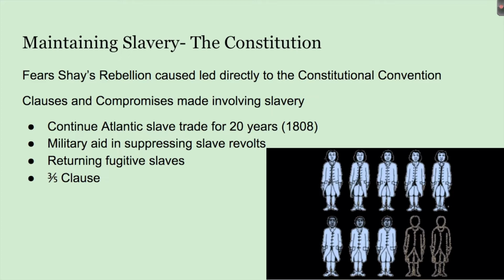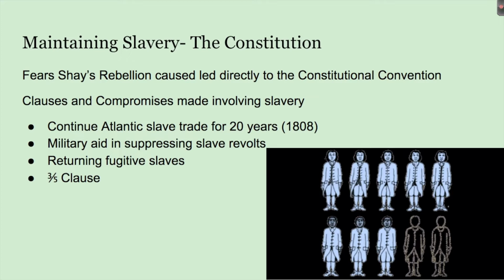The only way slavery is really addressed in the Constitution is having to do with the slave trade, and then referring to slave revolts and returning fugitive slaves. So the words slave and slavery are omitted from the Constitution. There will be a clause to continue the slave trade for another 20 years.